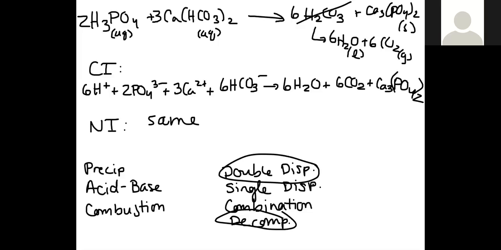What else? Precipitation. Excellent. So you have to make sure that all of the things required for a specific type of reaction are there if you're going to call it that type of reaction. So yes, you have H2O and CO2 as products, but it's still not a combustion because you didn't have oxygen on the other side.